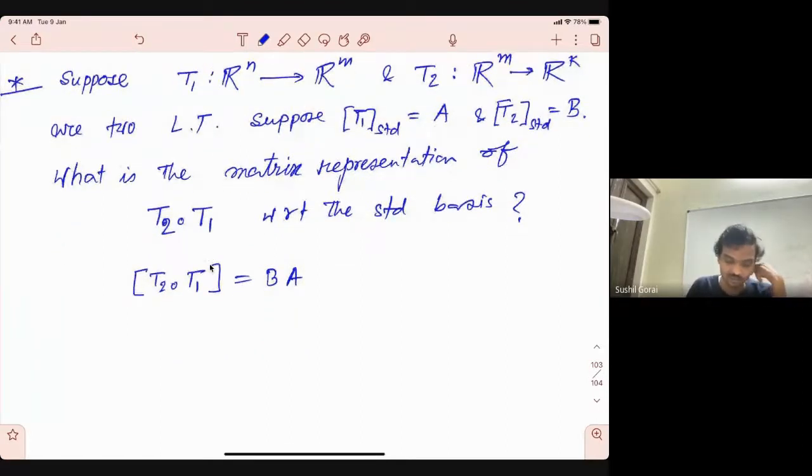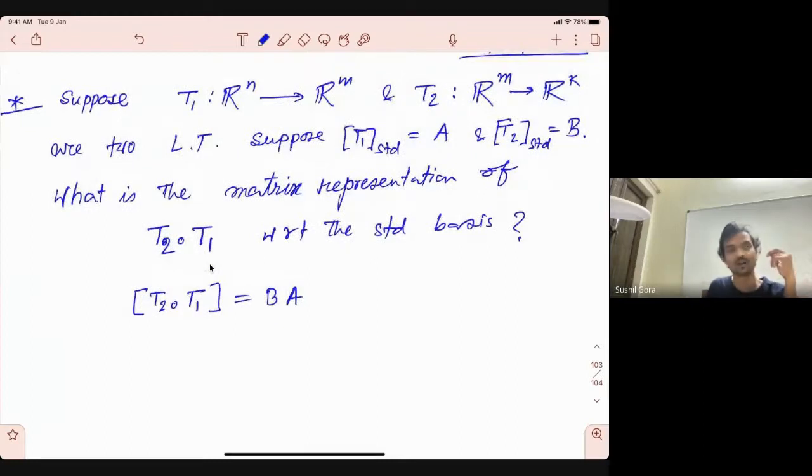Now we look at this star, where the transformations are the derivative, right?